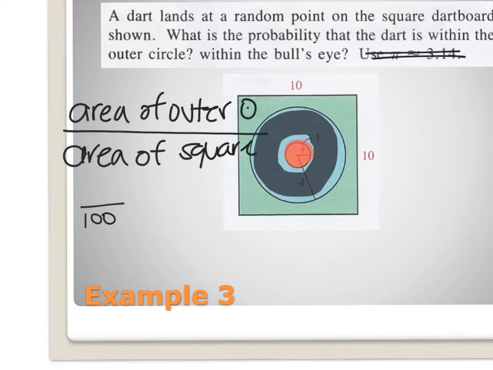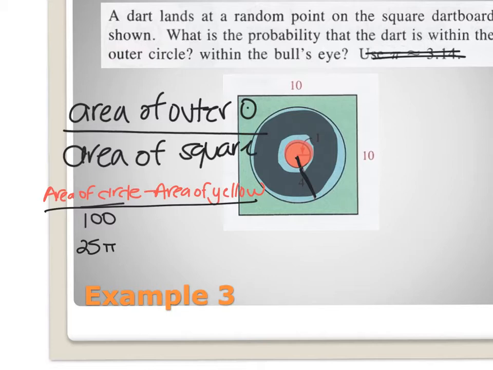So I'm going to do the area of the whole circle minus the area of the little yellow circle. The area of the whole circle: it gives you that from here to here is 4 and from here to here is 1. What's the radius on that circle? 5. So this is 25 pi because it's pi r squared.